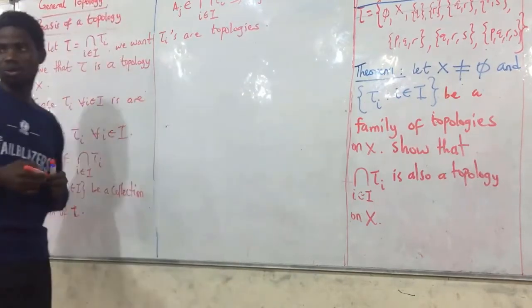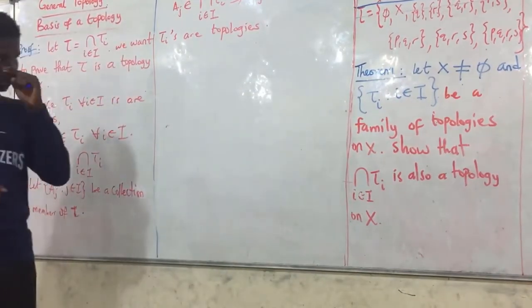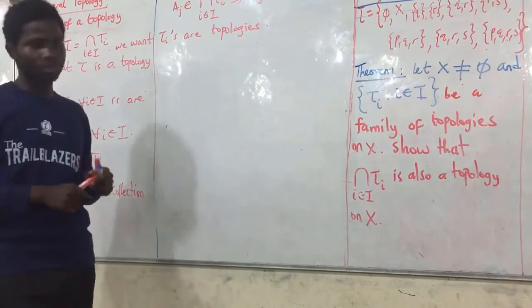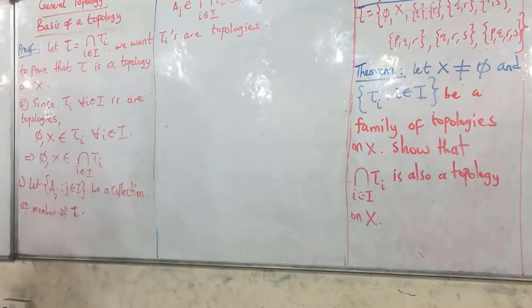The first thing, it must belong to the intersection, and it will also belong to the union. But there is nothing like union here, we are getting to it.